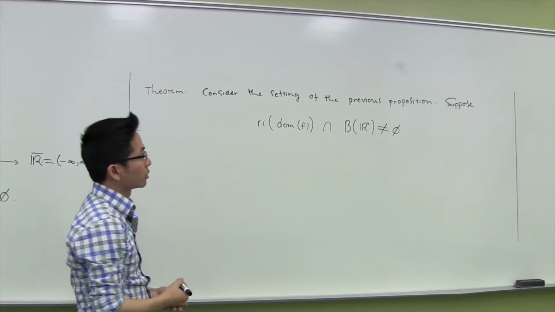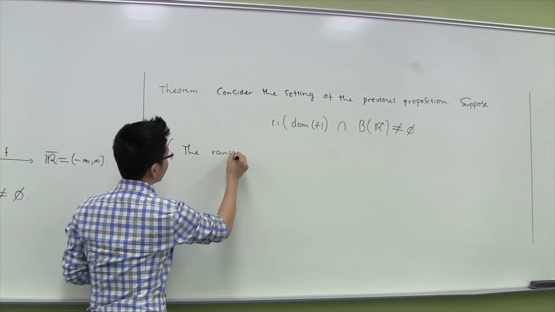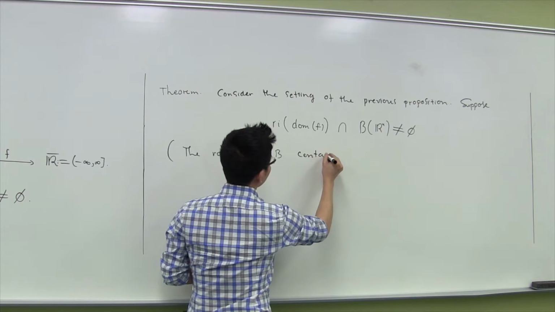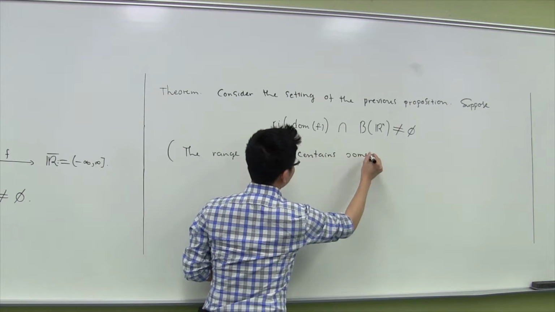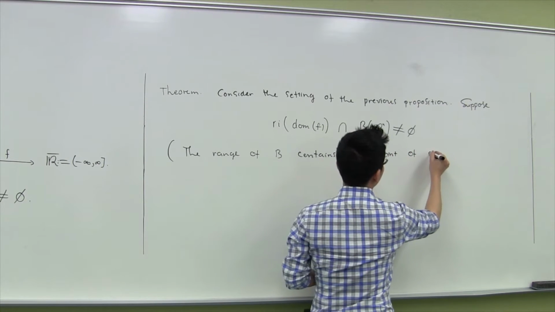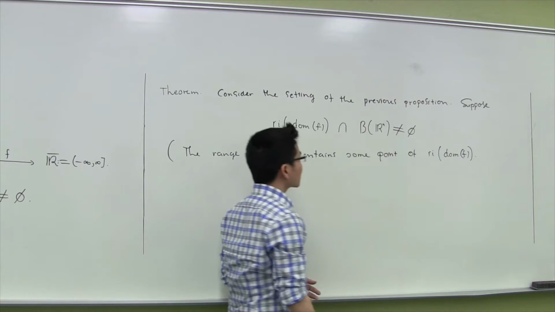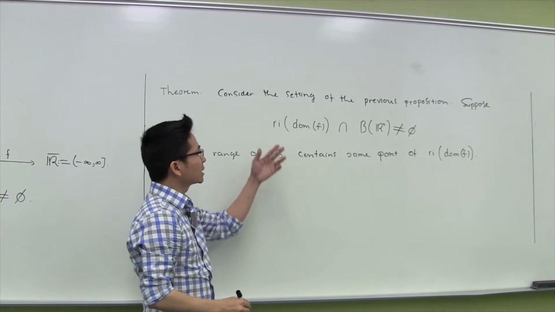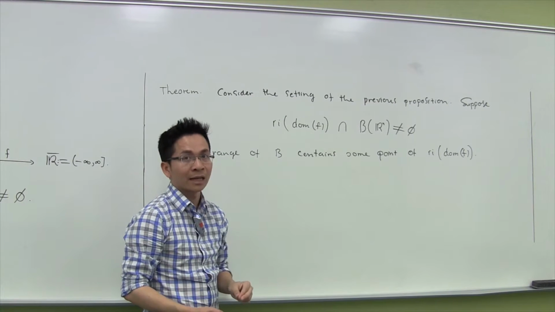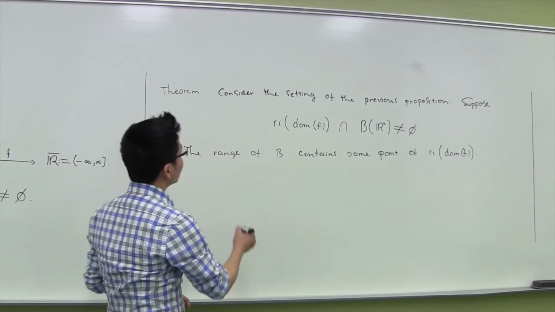This condition also means the following: the range of b contains some point of the relative interior of the domain of the function f. Note that this condition is always satisfied if f is a real value function. That means f of x is a real number for all x in R^n.